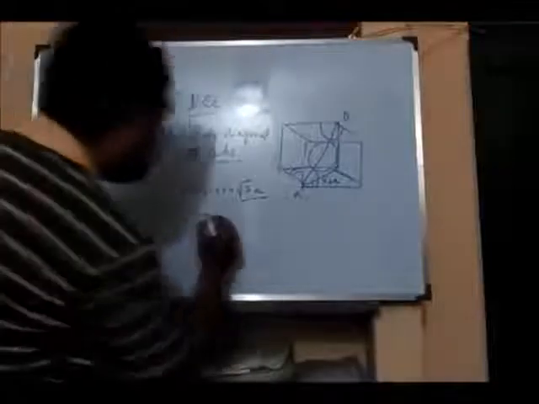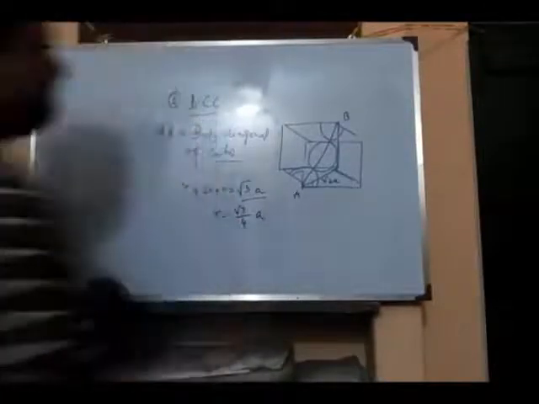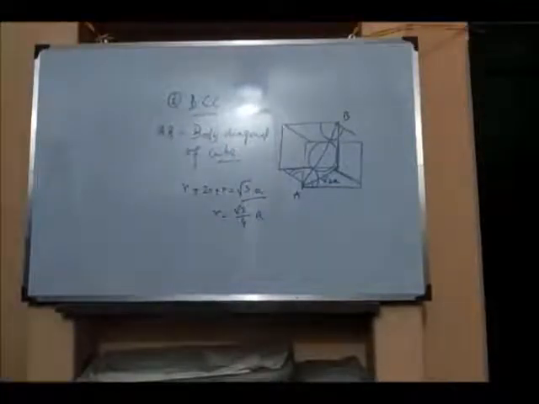Now R will be root 3 by 4 a. Okay, so for body centered, R will be root 3 by 4 a.